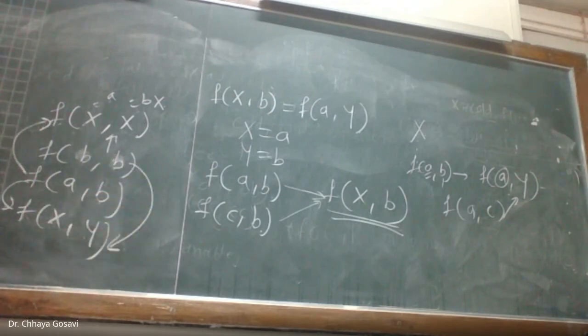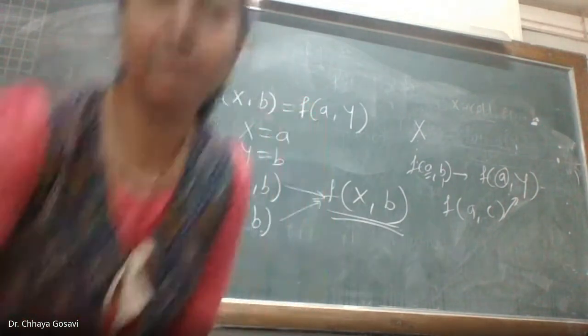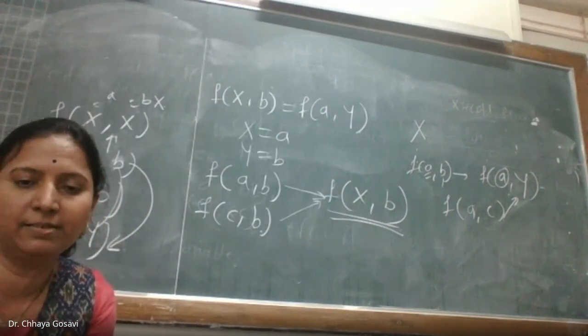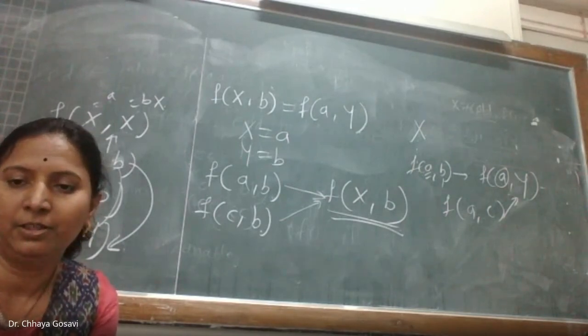The value of x is a and y is also a; the value of x is b and y is also b. A variable can take the same values, but you cannot use one variable with two different values in the same rule. We'll stop here. Password is unification.